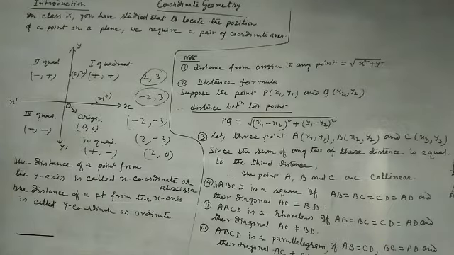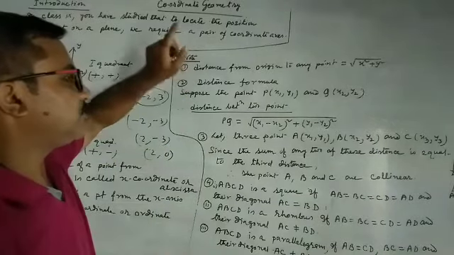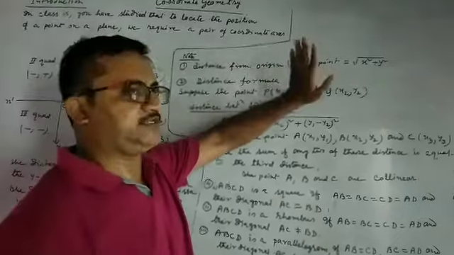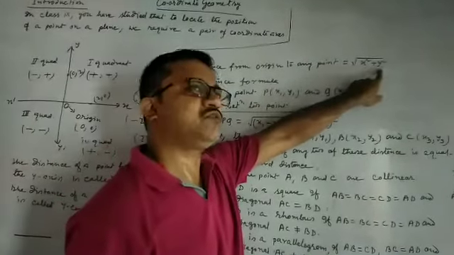In class 10 we discuss the distance of points from the origin, or the distance between two points. So for that we need a formula. The distance from the origin to any point is given by root of x square plus y square.